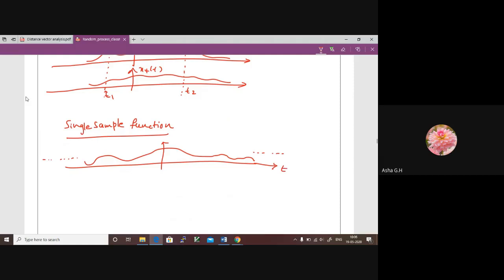Okay, this is the time axis and this is x1 of t, or one sample point, any one sample point. And by studying this, we find out the various statistical parameters. This is called the time average of a single sample function, or a single sample from a single sample point.